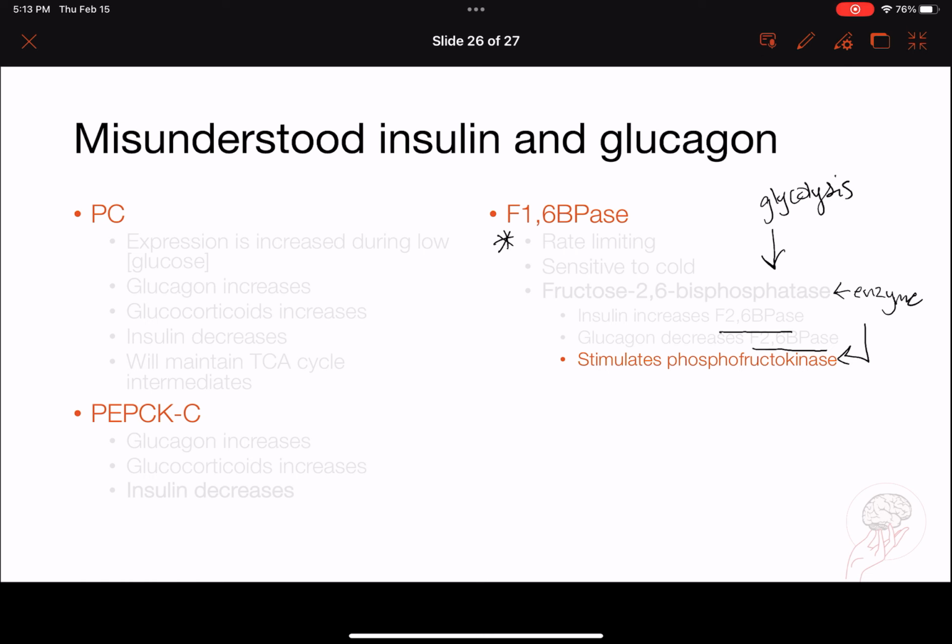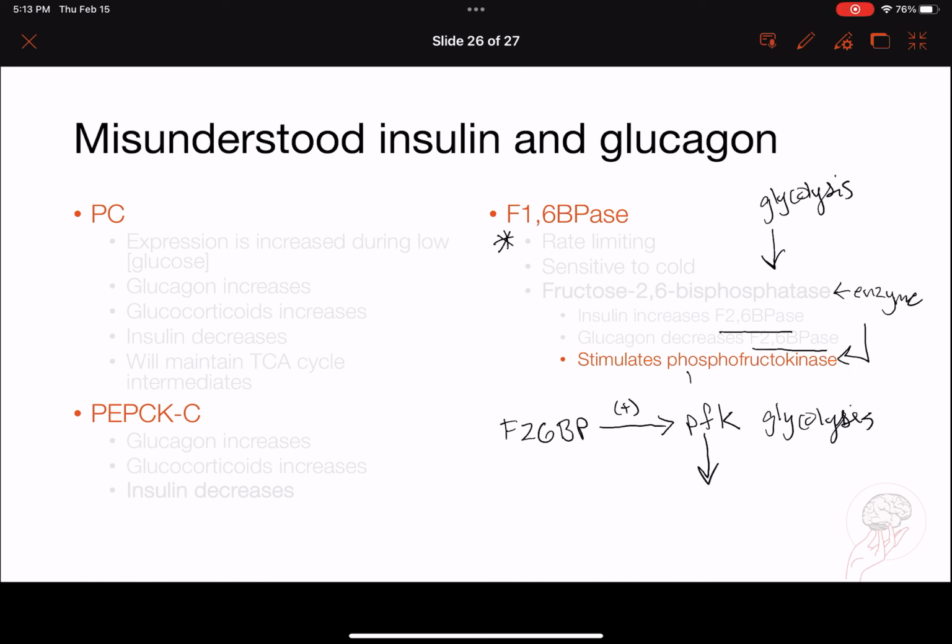So let's think about this for a minute. Fructose 2,6-bisphosphatase activates phosphofructokinase. And phosphofructokinase is in the glycolytic pathway, glycolysis.